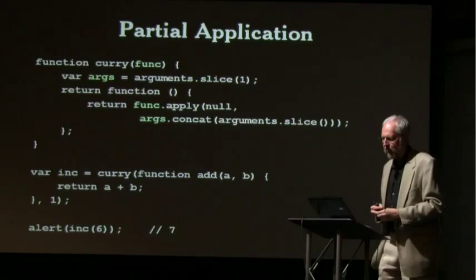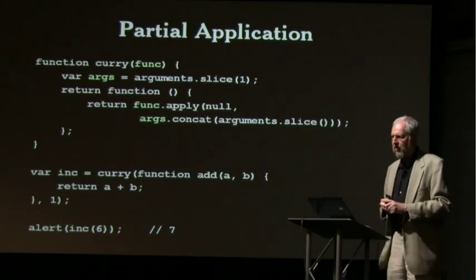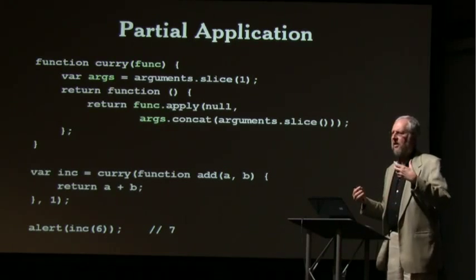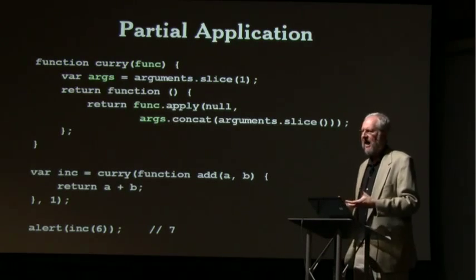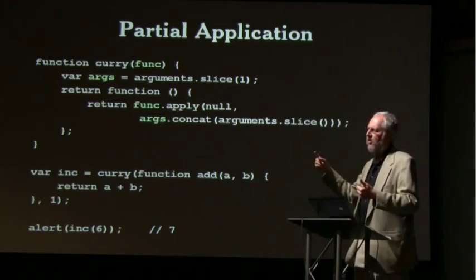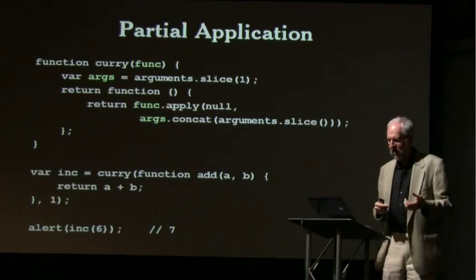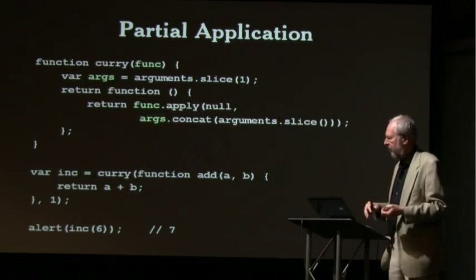Another example, partial application. We're starting to get a little theoretical now. Partial application says I'll take a function and a parameter and return another function which doesn't execute that yet, but will when it's supplied with additional parameters. So let's start with the example first.